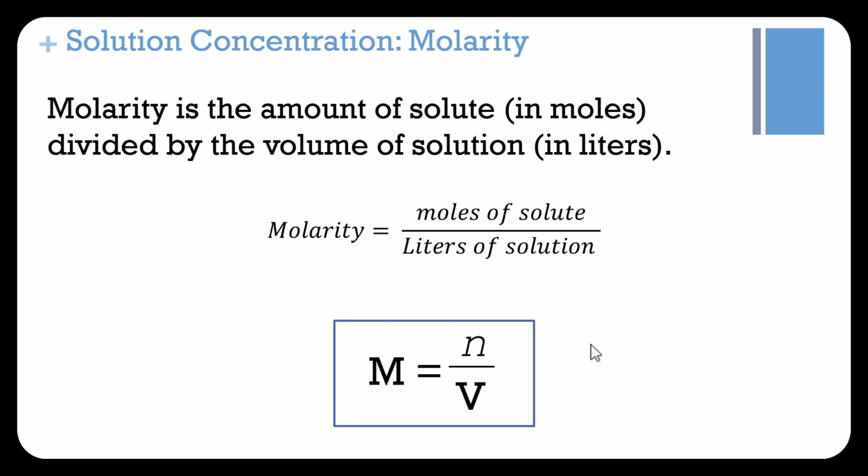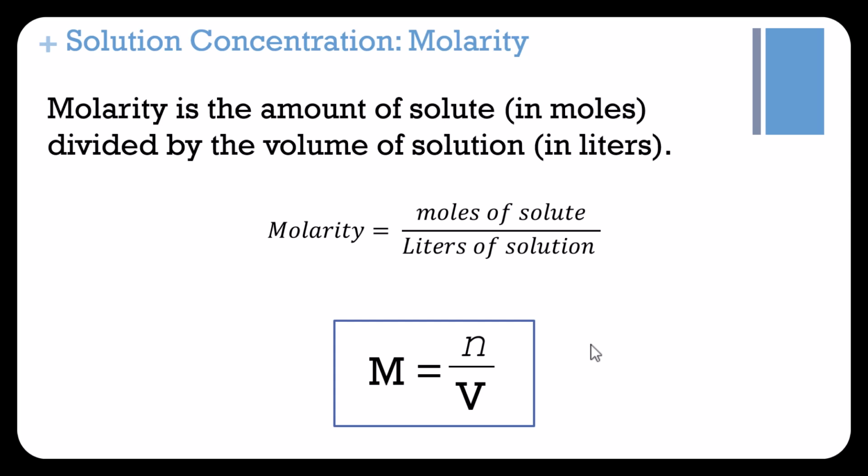And here was our formula that we saw for that. So we've got moles of solute, liters of solution. And so when we reported this, we would report it as moles per liter. Or we would report it as molar, right? It's like a 0.5 molar solution with a capital M.